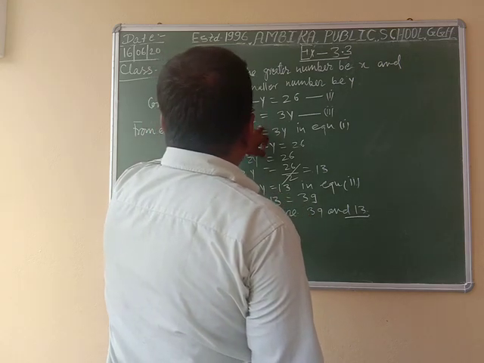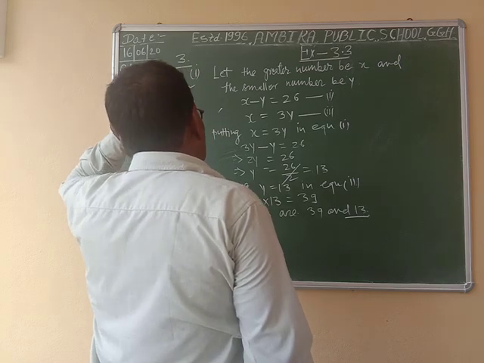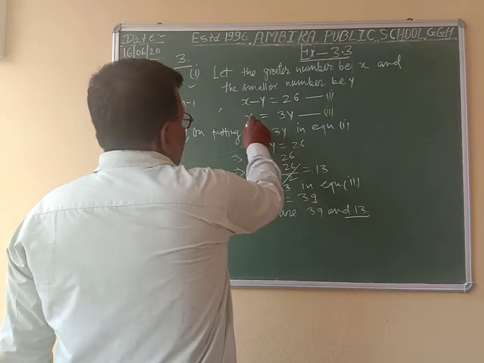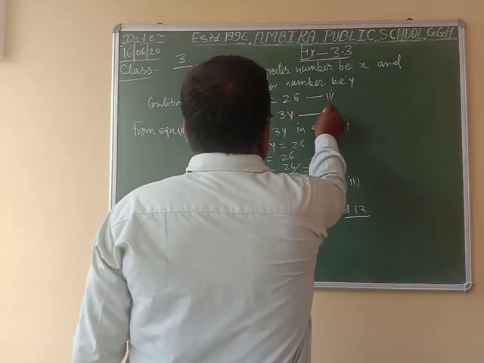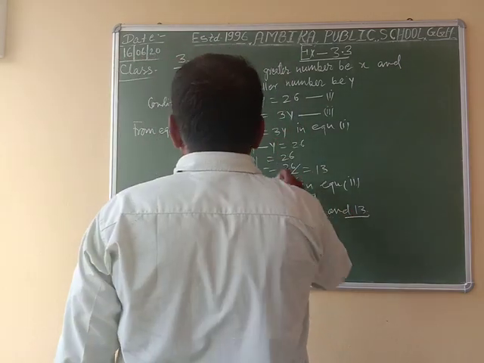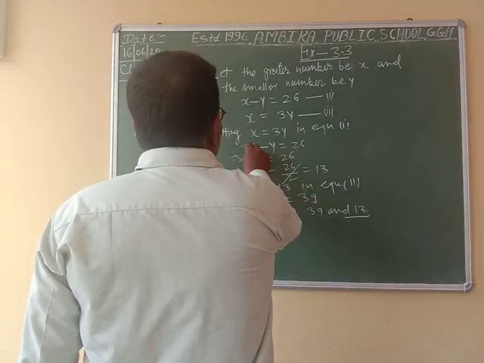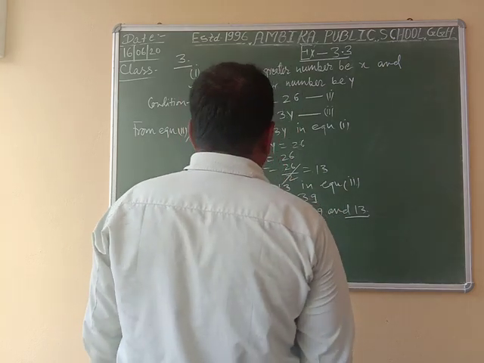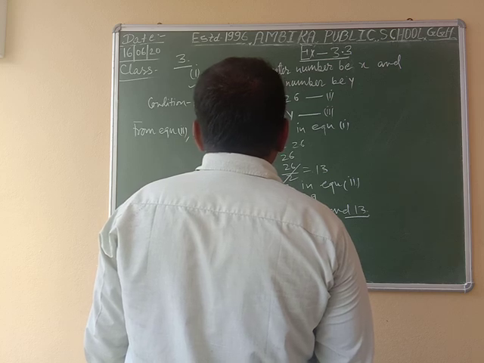Second condition is one number is 3 times the other number, x is equal to 3y. Equation number 2. On putting x is equal to 3y in equation number 1, we have 3y minus y is equal to 26. Here 2y is equal to 26.